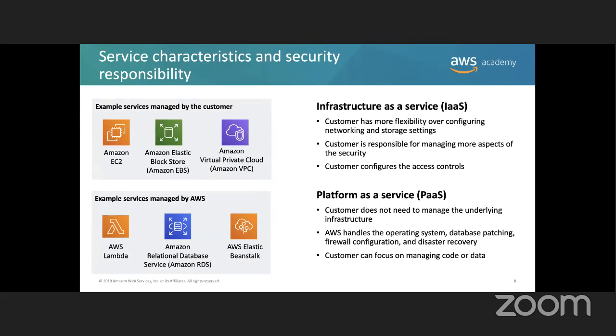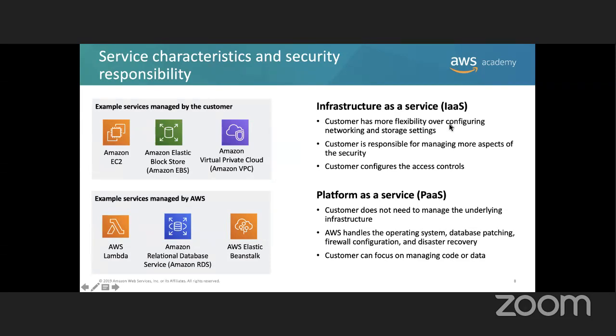Okay, so the customer has more flexibility over configuring networking and storage settings. This is exactly what we covered on the first day of classes. When you have infrastructure as a service, or IaaS, we have more flexibility. We can manipulate things more easily. If we have platform as a service, we have less control, okay? And basically it's managed by AWS. You don't have to do anything else, right?